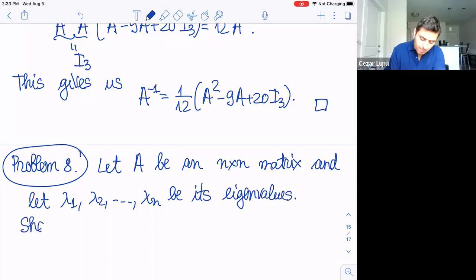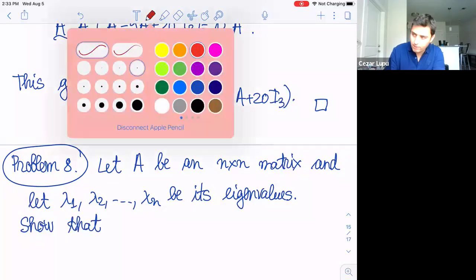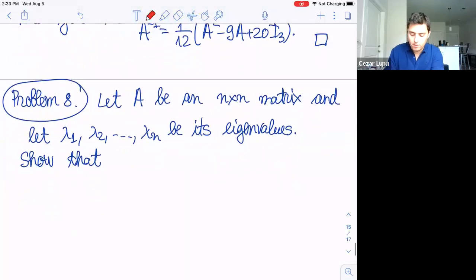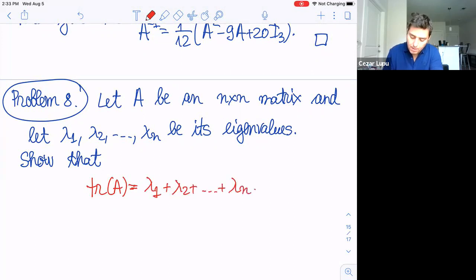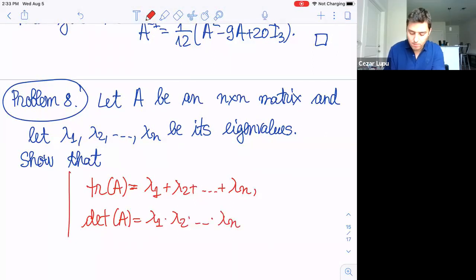Show that we have the following. The trace of A, which is defined as the sum of the entries on the main diagonal, is nothing else than just lambda 1 plus lambda 2 plus up to lambda n. And the determinant of A is nothing else than just the product of the eigenvalues, lambda 1 times lambda 2 times up to lambda n. So we want to prove this.